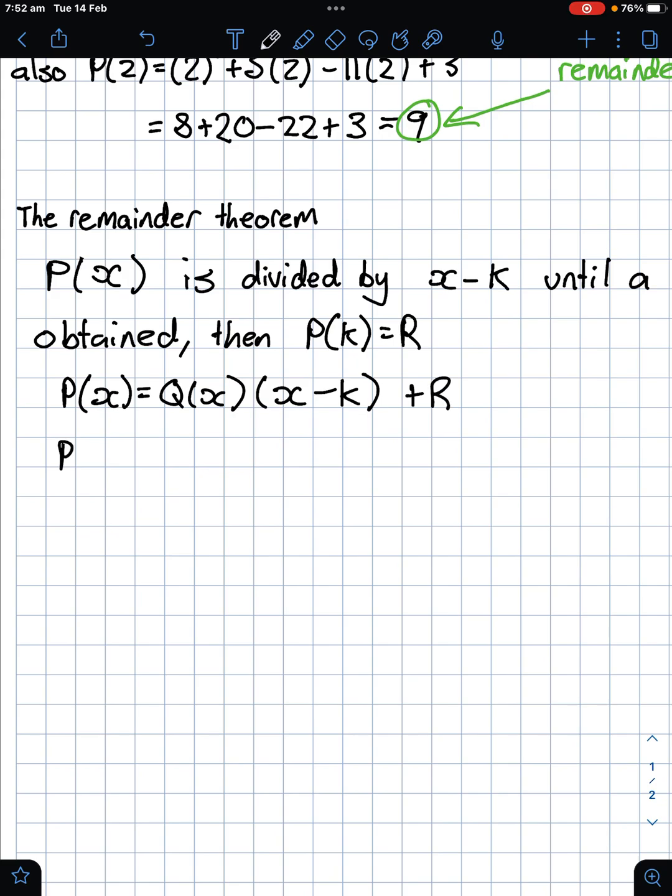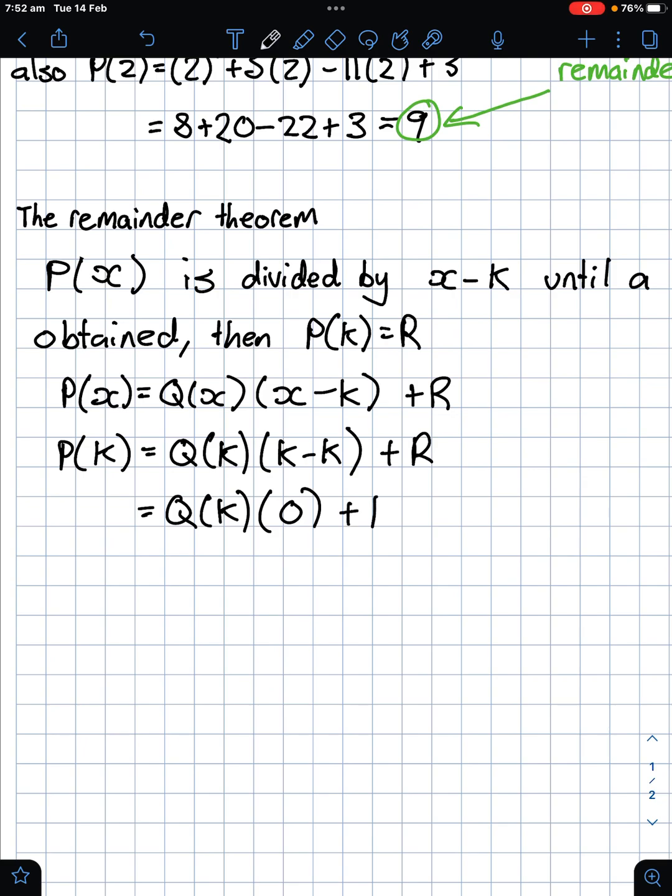Now if we were to sub k in for x, we would get Q(k) times k minus k. This thing here is going to equal 0, so we're going to get Q(k) times 0 plus r. This cancels out and we're left with just r. So that's sort of the proof of it.